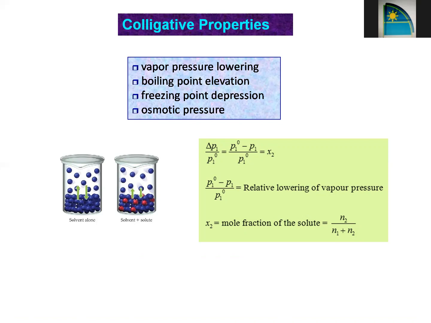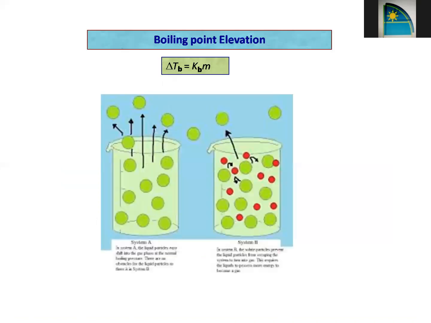Let's move on to the next colligative property. The next colligative property we have is known as boiling point elevation. It is very much related to the lowering of the vapor pressure, because boiling point is defined as the temperature at which vapor pressure becomes equal to atmospheric pressure.